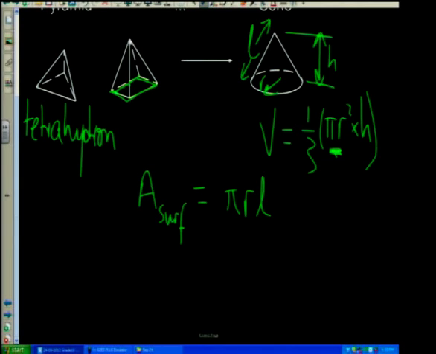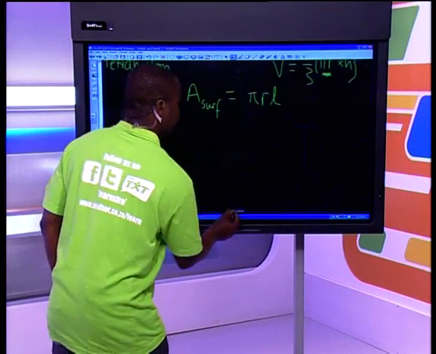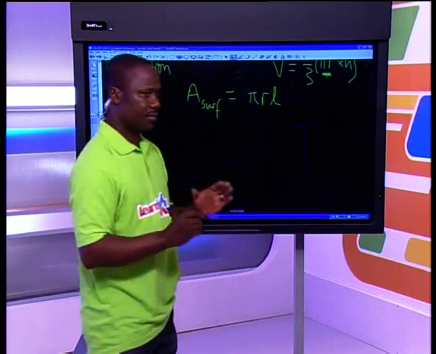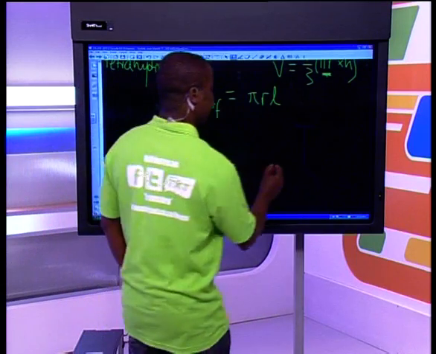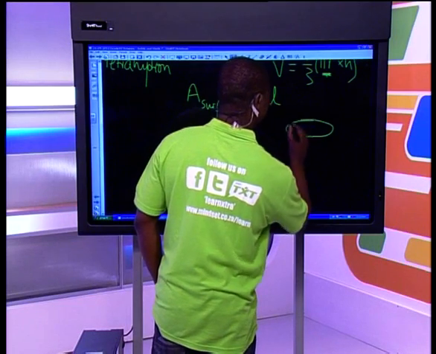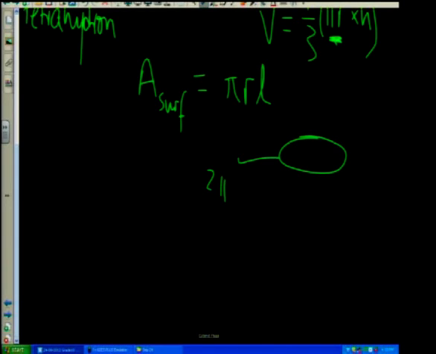Some of you might say, well, how do you get to that? Quickly, if you think of the perimeter at the base, the perimeter would be circular, and that means the perimeter there would be 2 pi radius. Now, we always want to take those small triangles.